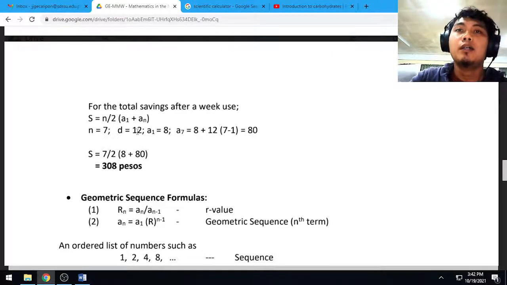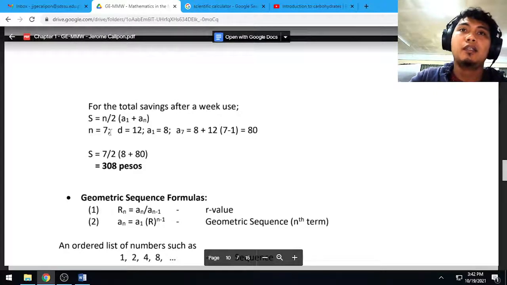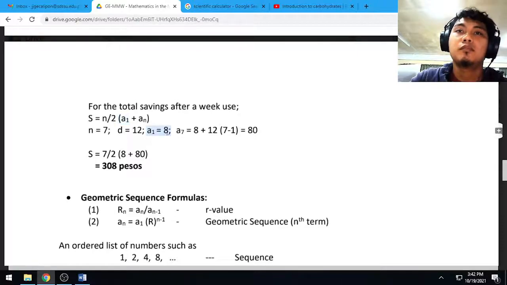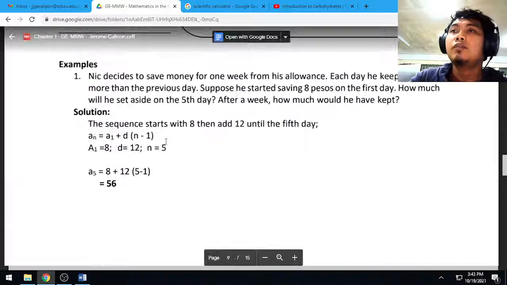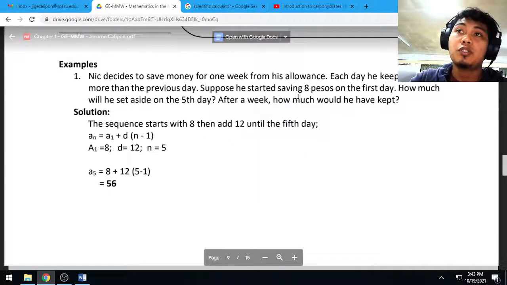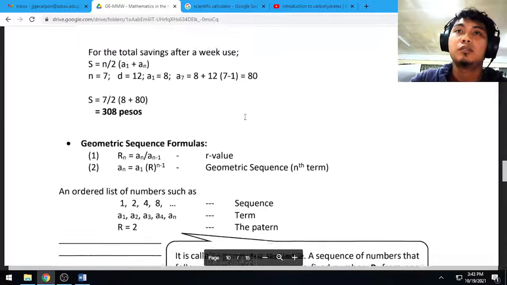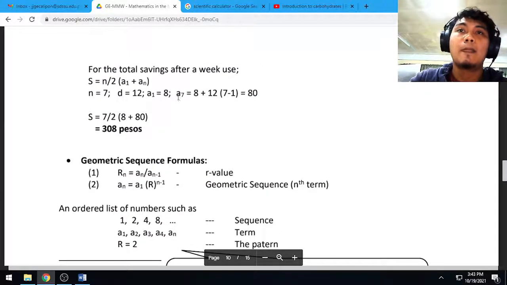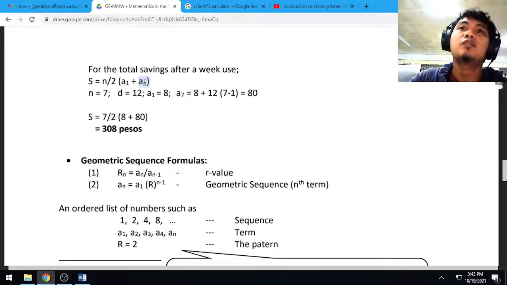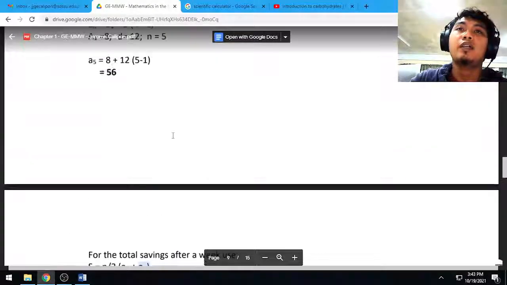Since may N na tayo, may D, ano naman yung A? Yung first term or yung unang araw daw, saan siya magsisimula? Sa 8 pesos siya magsisimula, yung A1. Now, yung pang AN or pang 7 day, kailangan pa natin i-compute yun. Anong formula ng AN?